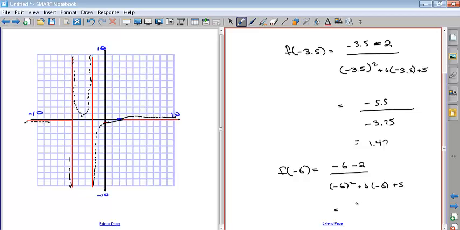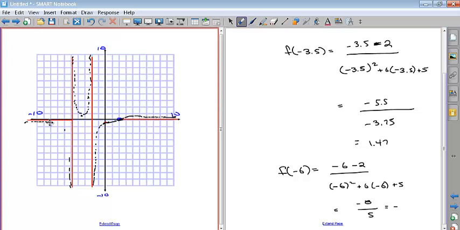So negative 6 minus 2 is negative 8. In the denominator, I have 36 minus 36, so those cancel out. And so I've got 5 left over, so I get negative 8/5. This is 5/5, 8/5 is going to be right there. So then I can pick out that point, and then I have it like that.